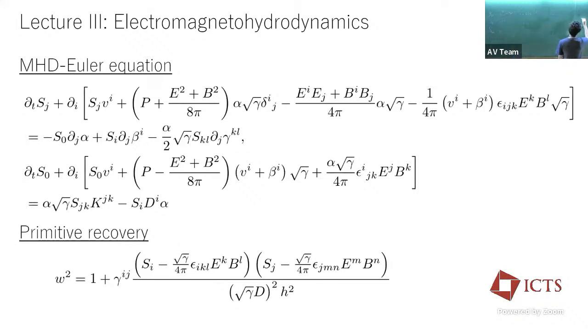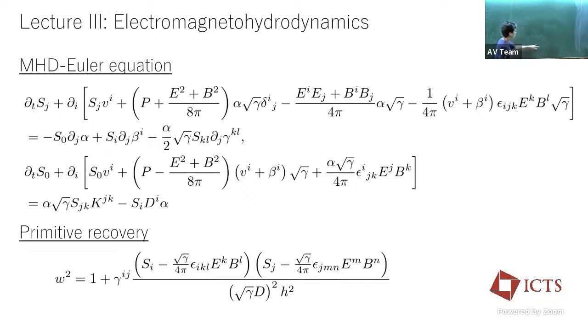So the total divergence of T^{μν} should be exactly zero, right? This comes from the Bianchi identity. And now we split T^{μν} into the hydro part plus the EM part. So now I want to derive the hydro part equations by using these relations.